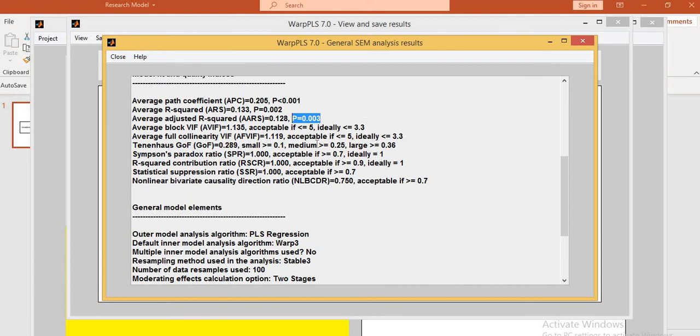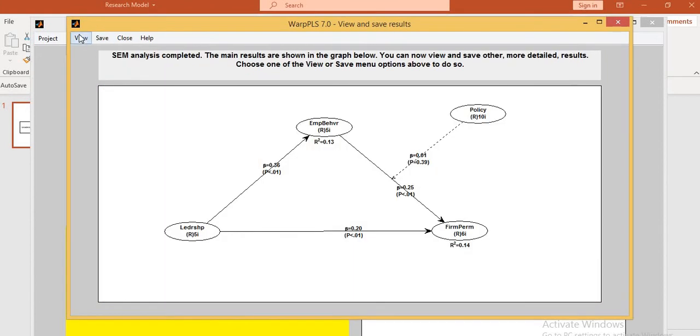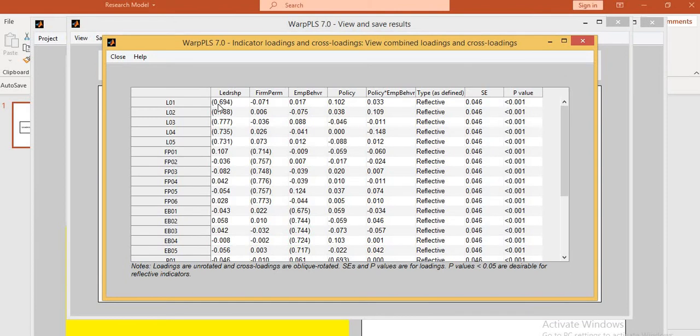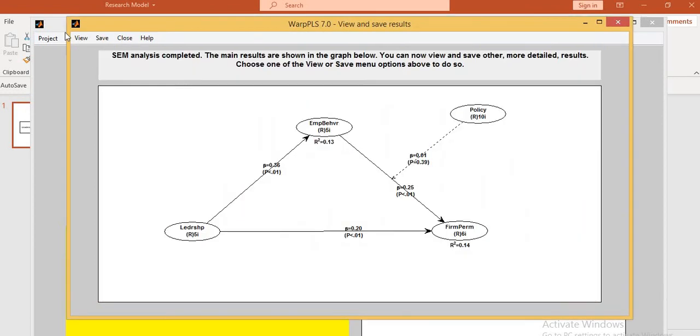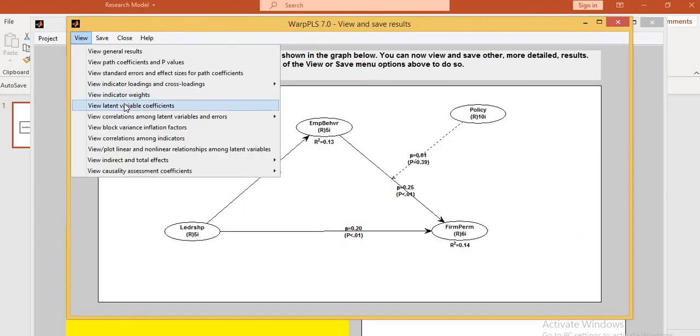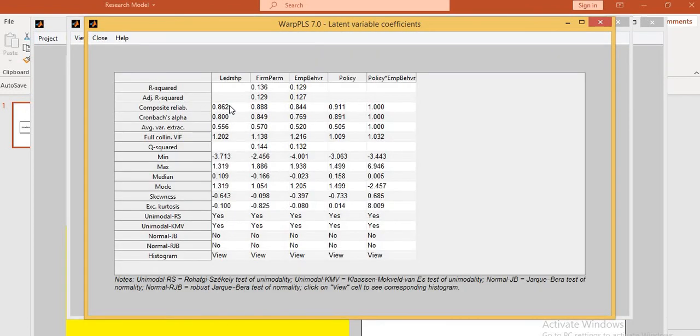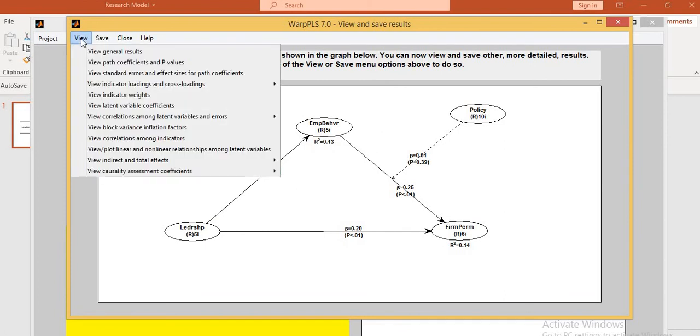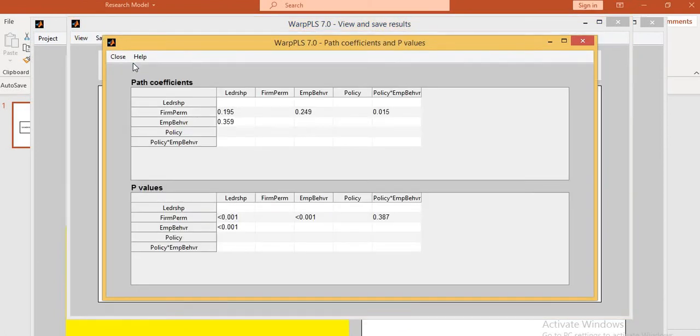So you can see that the model fitness values have been changed. Similarly, I am sure that the factor loadings of the factors may also have changed, but I am not sure. But the values of the latent coefficients must be changed here, and similarly the values of multiple regression analysis are also changed.